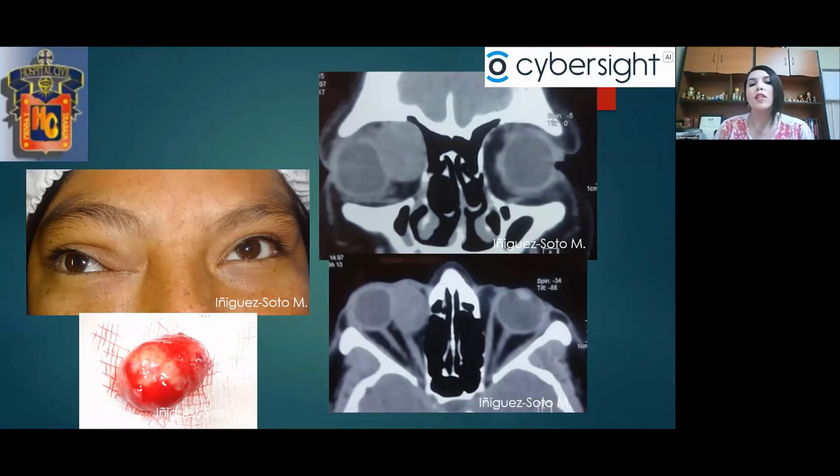So you see, there's a lot of variety of presentations in these kinds of tumors. And I insist, even if you see one that looks so big and so aggressive, don't be afraid. Just follow the protocol, and you are going to be fine, and your patients are going to be excellent.